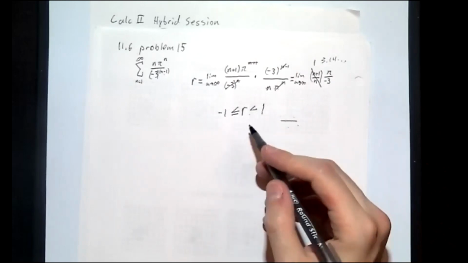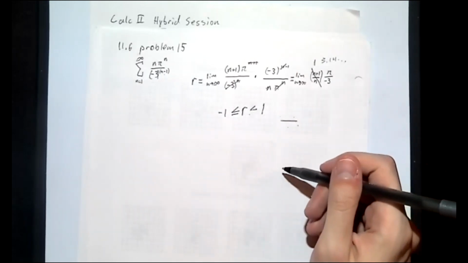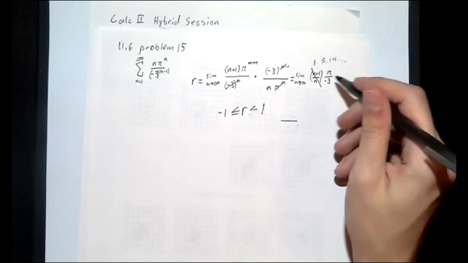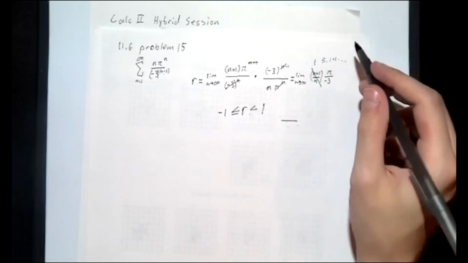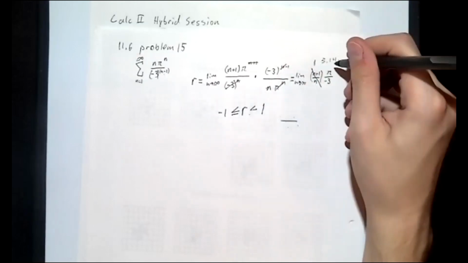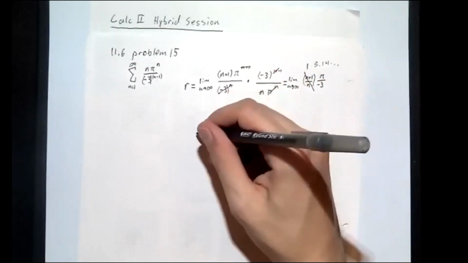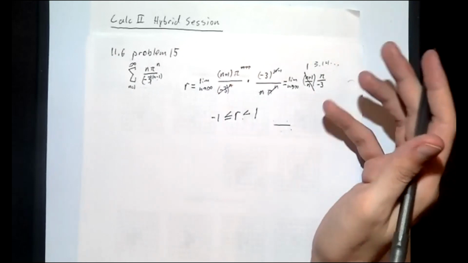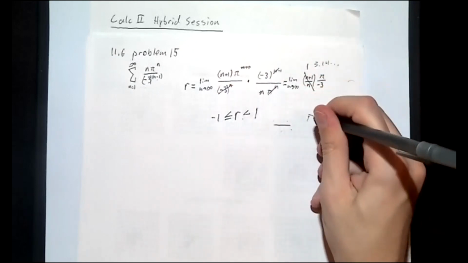So we can include negative 1, we still check. But from there we know that this is going to be less than negative 1, so it's going to be like negative 1 point something, it does not converge, so it diverges again.